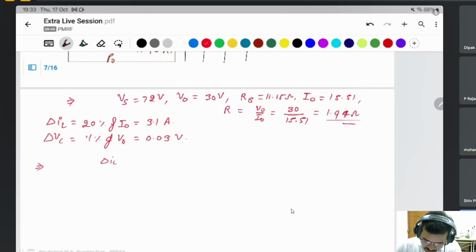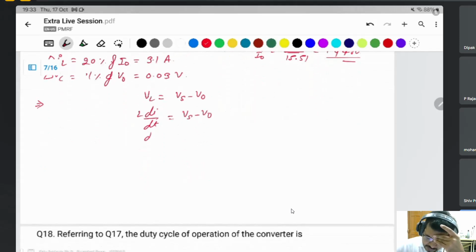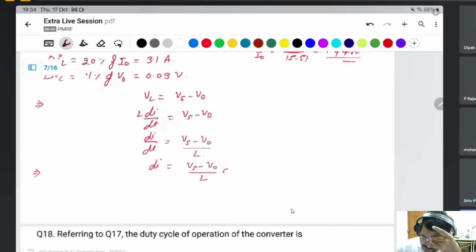How do we calculate delta IL? We have calculated it by the inductor voltage, which is equal to Vs minus V naught. VL is equal to L di by dt. So di by dt is equal to Vs minus V naught divided by L. Then di is equal to Vs minus V naught into dt.